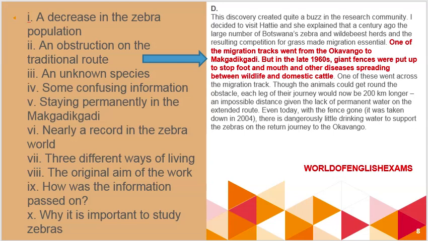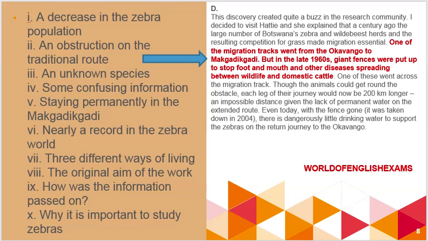Oh, that is the reason why the fences were put up, to stop the foot and mouth disease. So now because of this, what happened? Obviously, it stood to be an obstruction on the traditional route. What is the traditional route? Okavango to Maggadkadi. So did you understand that? So the appropriate title would be 2.